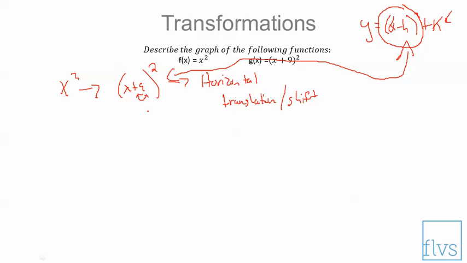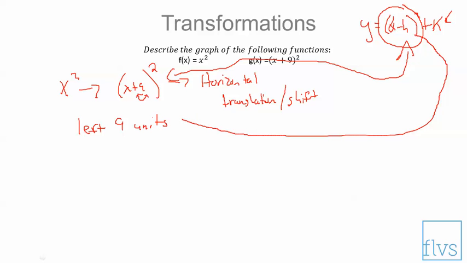A lot of people think that means it went 9 units to the right. Well, it didn't. It actually went to the left 9 units. The reason is, again, this formula is already a negative. So if all of a sudden in yours you have a plus, that means you must have put in a negative 9.